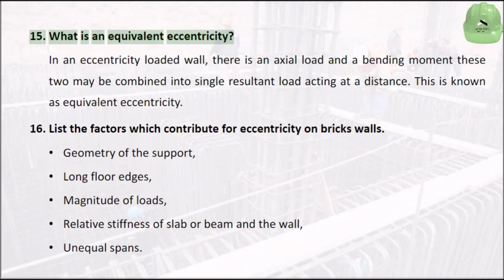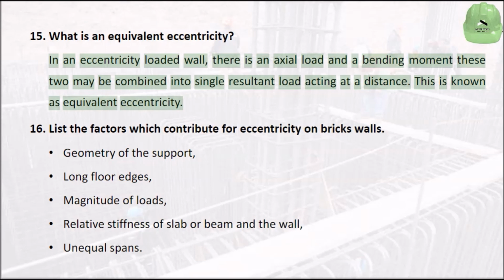What is an equivalent eccentricity? In an eccentrically loaded wall, there is an axial load and a bending moment. These two may be combined into a single resultant load acting at a distance. This is known as equivalent eccentricity.